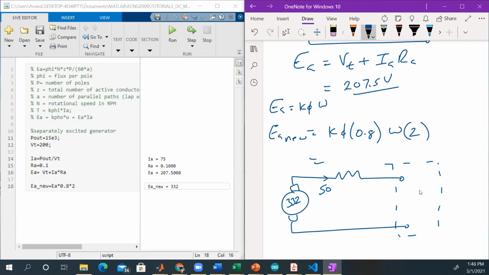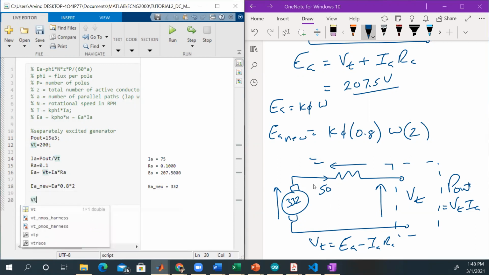So we know P out is equal to VT by IA. We have IA, which is 50. We need to find VT. So we just, again, use our circuit equations. So we say this will drop this way here. So we say VT is equal to EA minus IARA. Let me put that in here.